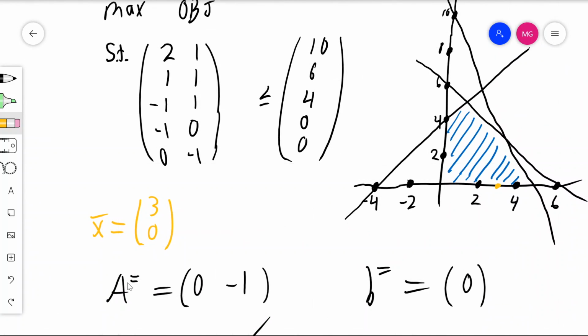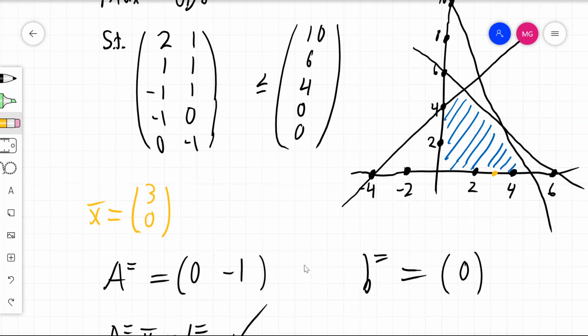So what should the matrix A equality be? Well, it's just the submatrix of tight constraints, and there's only one. There could have been multiple constraints that were tight, but in this case it was just this bottom constraint, (0, -1). So A equality, the submatrix, is just a one-row matrix, (0, -1), this right here. And B equality is the corresponding component on the right-hand side, which is 0.